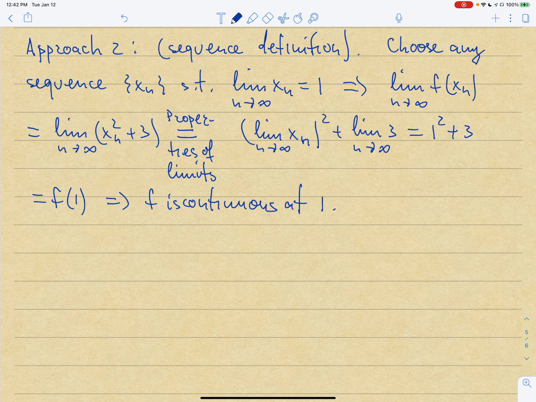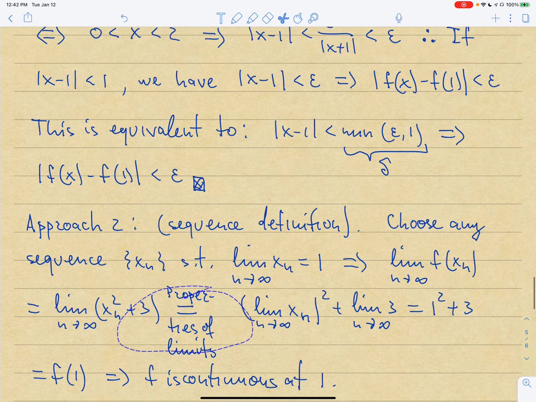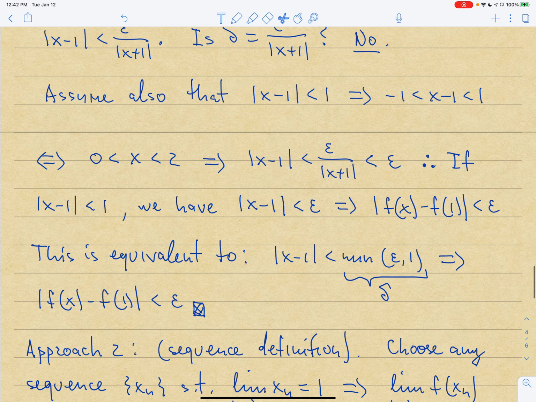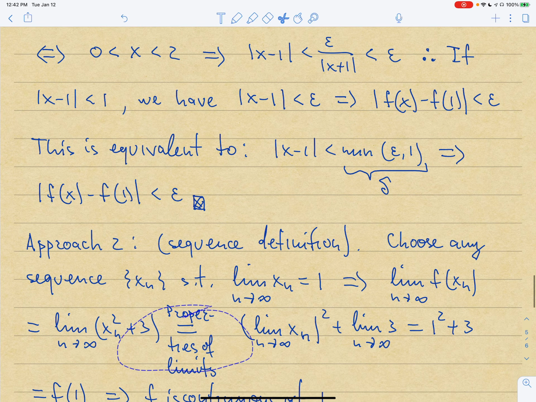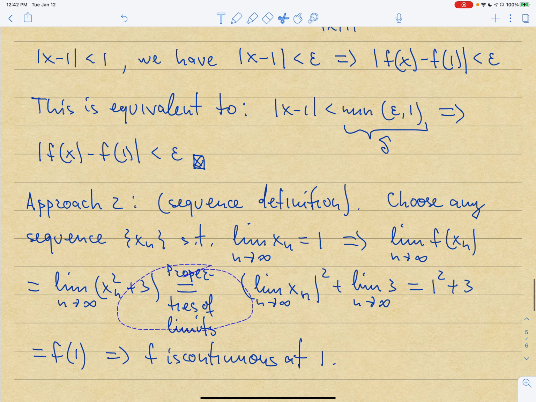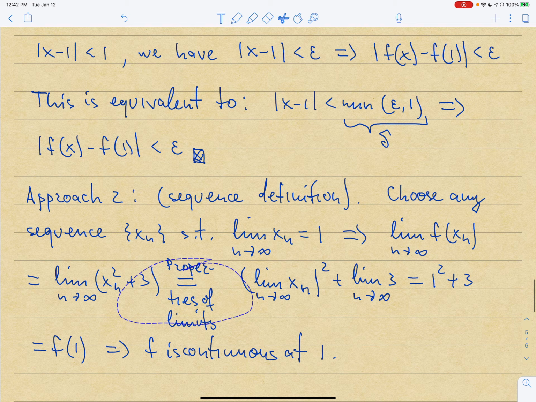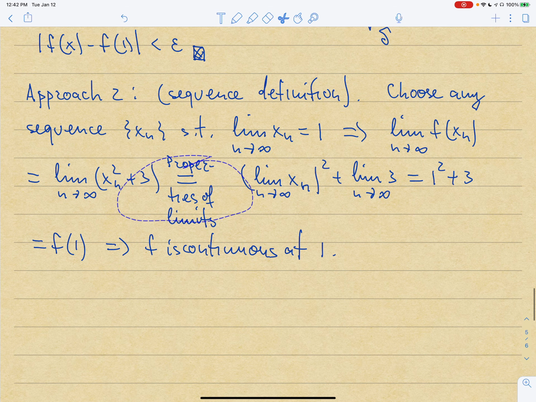In this case, because I ended up using properties of limits that we verified before, properties of limits of numbers. And that allows me not to get involved in these epsilon delta discussions, because all the dirty work was done before when we proved properties of limits.